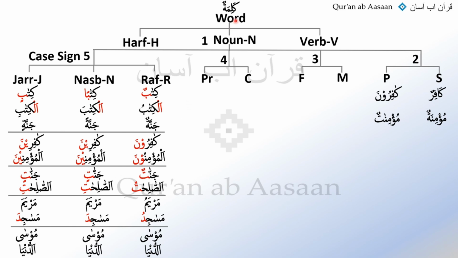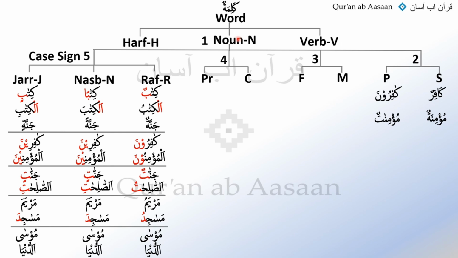The first thing we talked about was that whenever we see a word in Quran, how to identify if it is a noun or a verb or a harf. So far, we have been studying about the noun, like we learned the indicators.